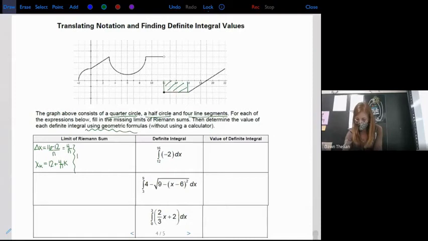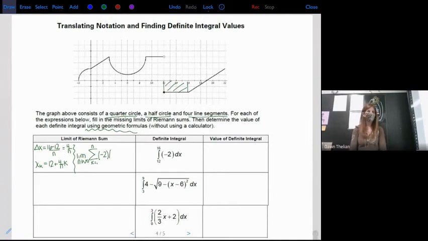I've got the limit as n goes to infinity of the summation from the first to the last. The height is a constant -2, and the base is 4 over n.